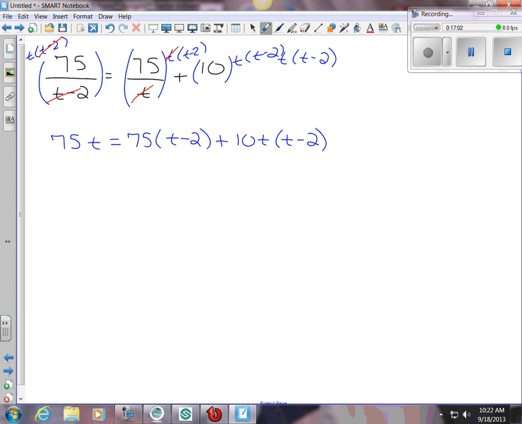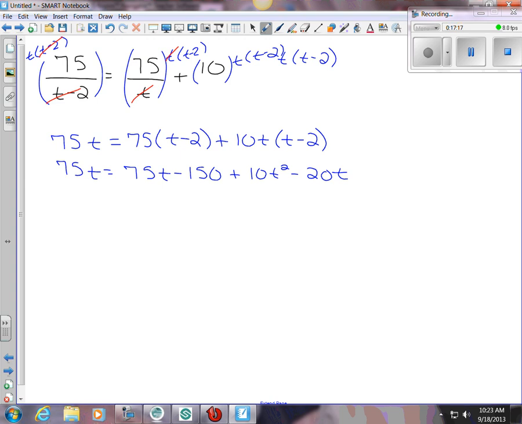You gotta know how to find common denominator. What am I going to do next? Yeah, let's distribute. 75t minus 150 plus 10t squared minus 20t.